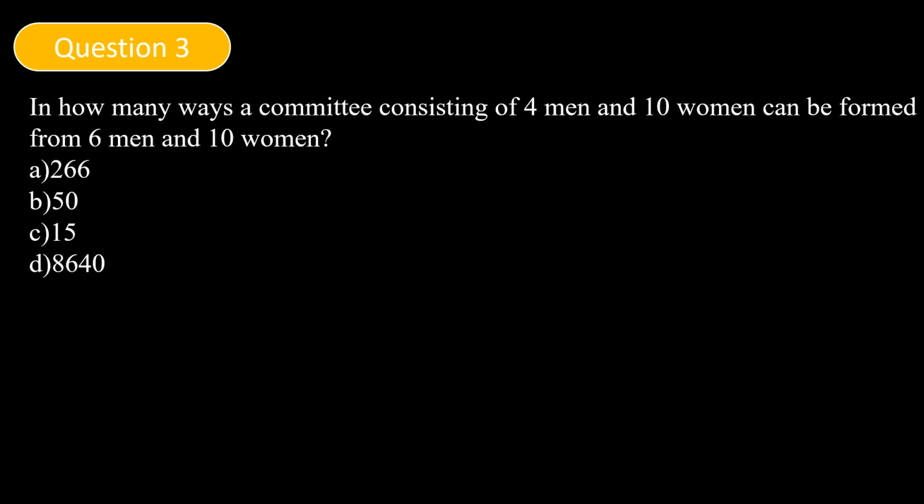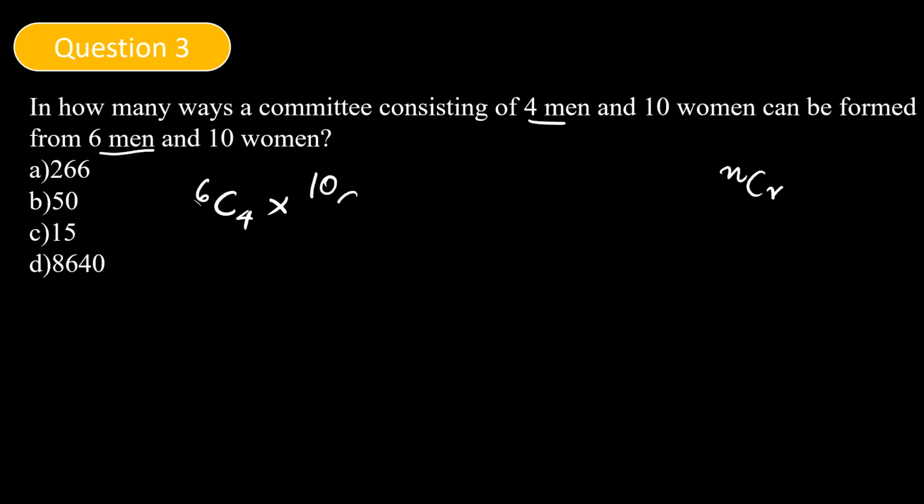In how many ways can a committee consisting of 4 men and 10 women be formed from 6 men and 10 women? There are 6 men, out of which 4 men are in the committee. Therefore, nCr, that is 6C4, into, also there are 10 women out of which 10 women are in the committee.